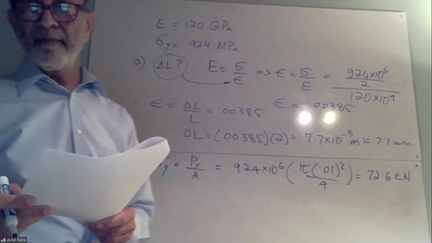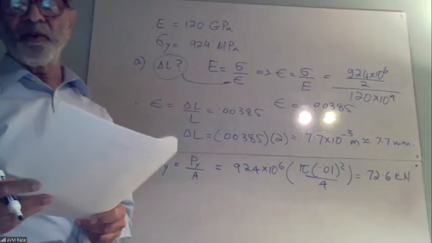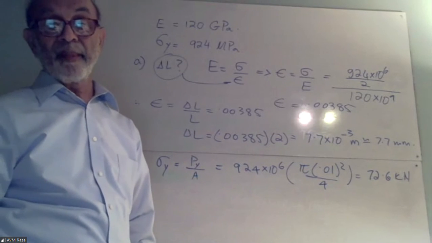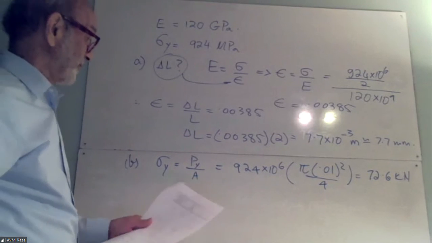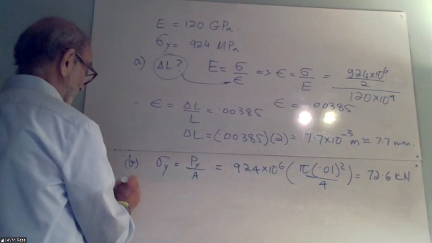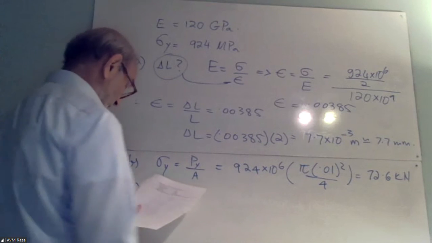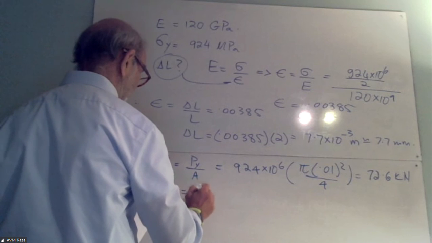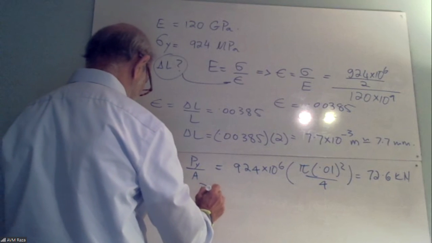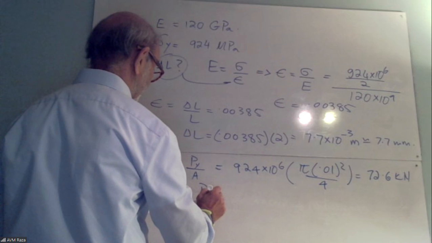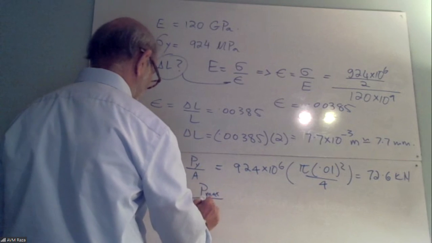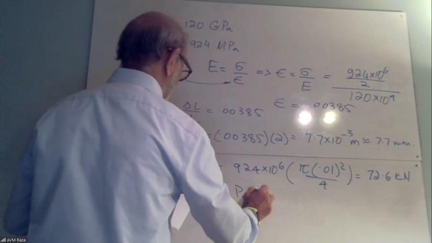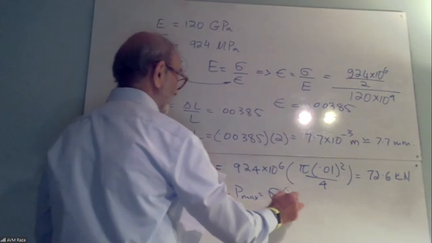And lastly, he wants you to find the maximum load. Maximum load we can find from ultimate strength. So sigma ultimate is P max divided by A, therefore P max is equal to sigma U multiplied by the area.